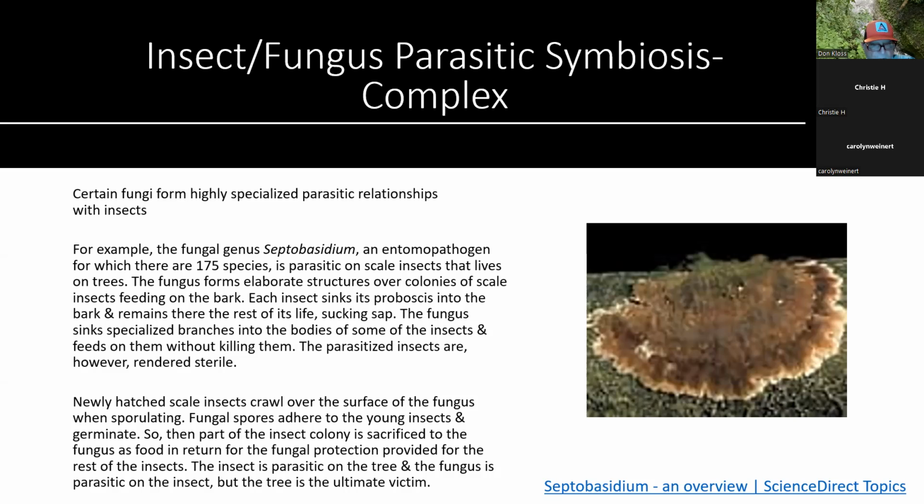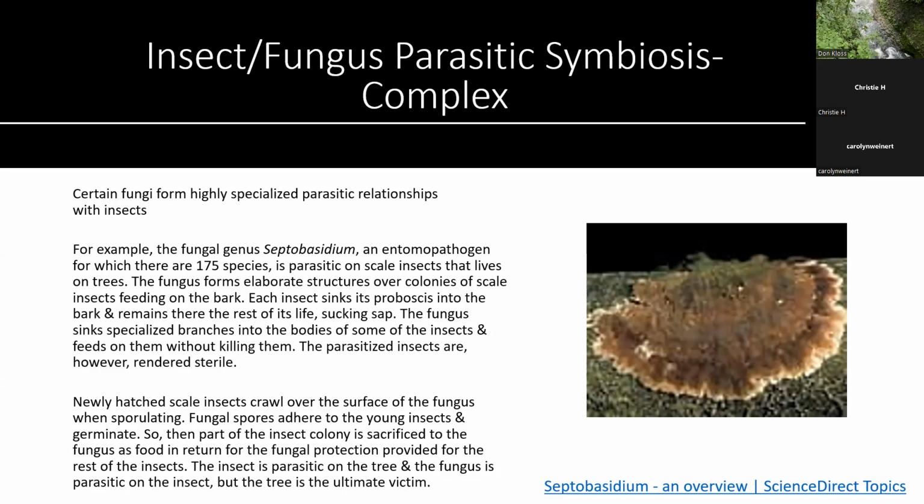Now, when newly hatched scale insects are born and they come out and crawl over the surface of the fungus, they tend to do that when the fungus is sporulating. In other words, it's created spores and is ready to release them. And it releases them while these newly hatched scale insects are crawling over it. And those fungal spores attach to those young insects and germinate.